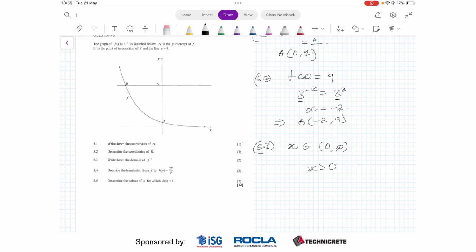Because if x now becomes less than 0, yeah, that is the answer. x must be greater than 0.